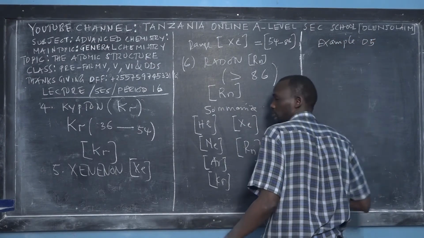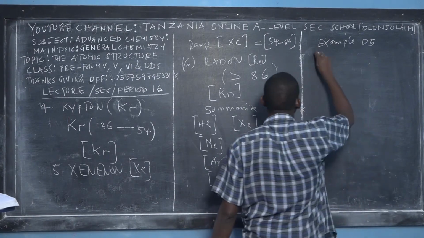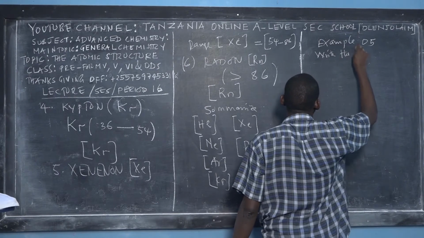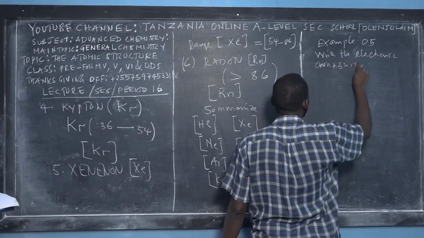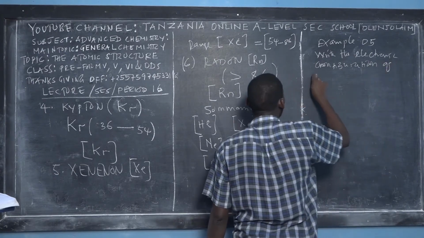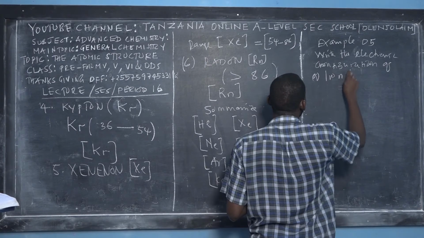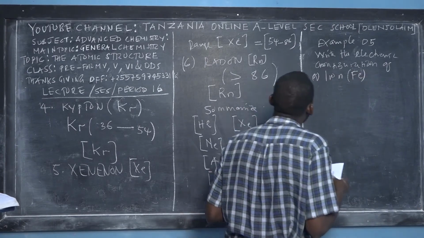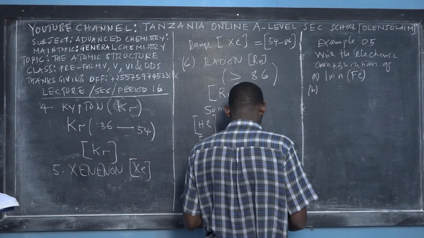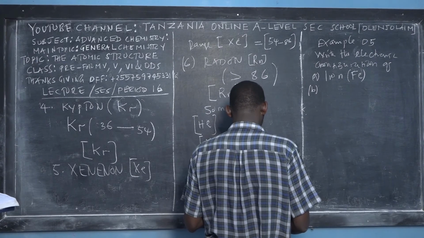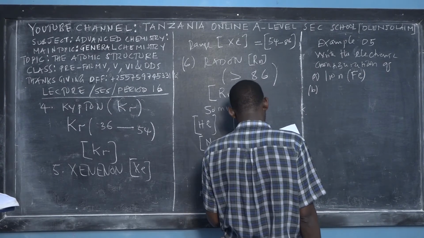Write the electronic configuration of iron, then the other element is scandium.